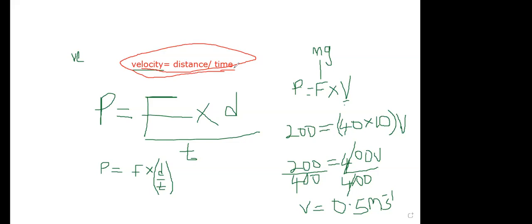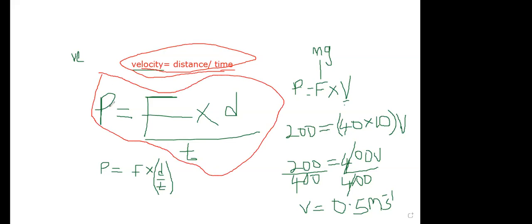So to get the average velocity, we had to find a way of getting velocity from the definition of power, because the definition of power is work done divided by time taken. So work done is force and distance, then divide by t. That is where we started from.